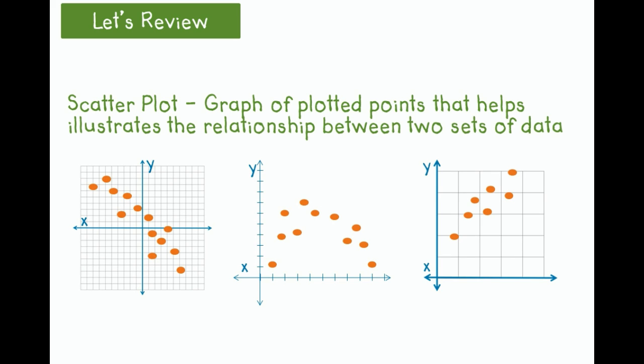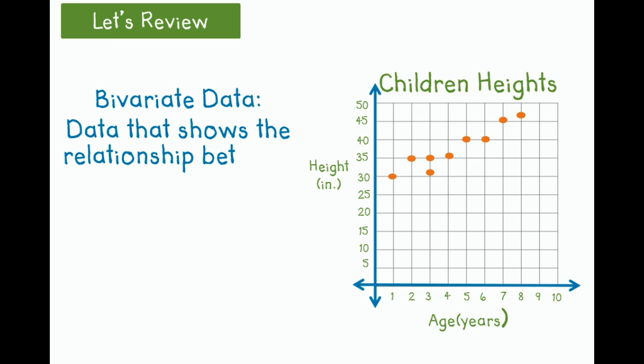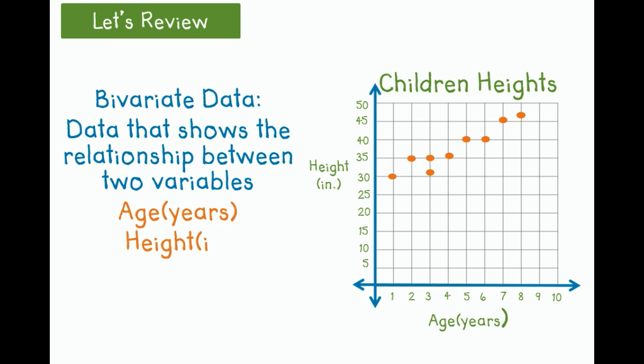Here's a few examples of some scatter plots. A scatter plot uses bivariate data. Bivariate data is data that shows a relationship between two variables. On this scatter plot, our two variables are age and height. The scatter plot shows a relationship between a child's age and a child's height.